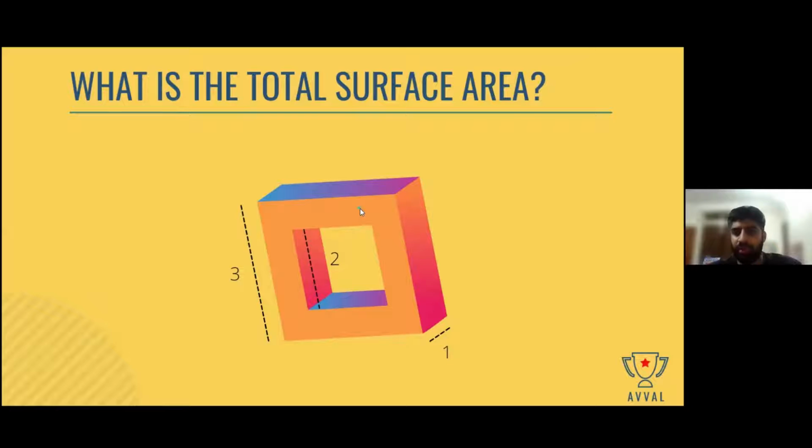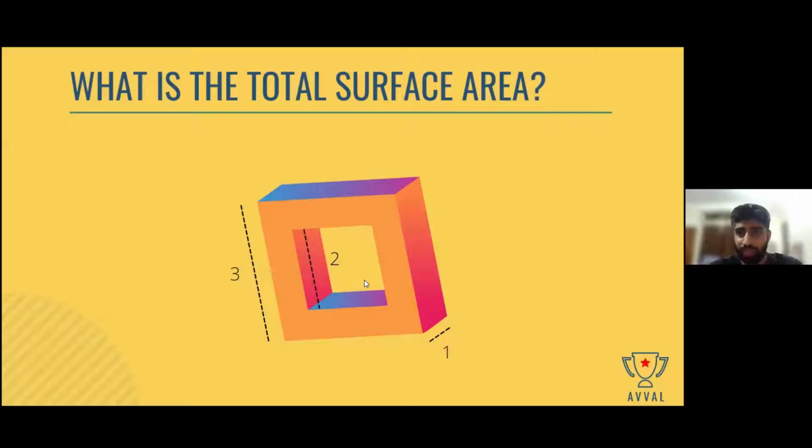Okay, so that's number 1. Number 2, let's look at the inner edges of this figure. So this has a side of 2 and breadth of 1. Okay, side 2 and this width here, or the breadth here, whatever you want to call it, is 1. So 2 times 1 is 2, and we've got 4 such surfaces.